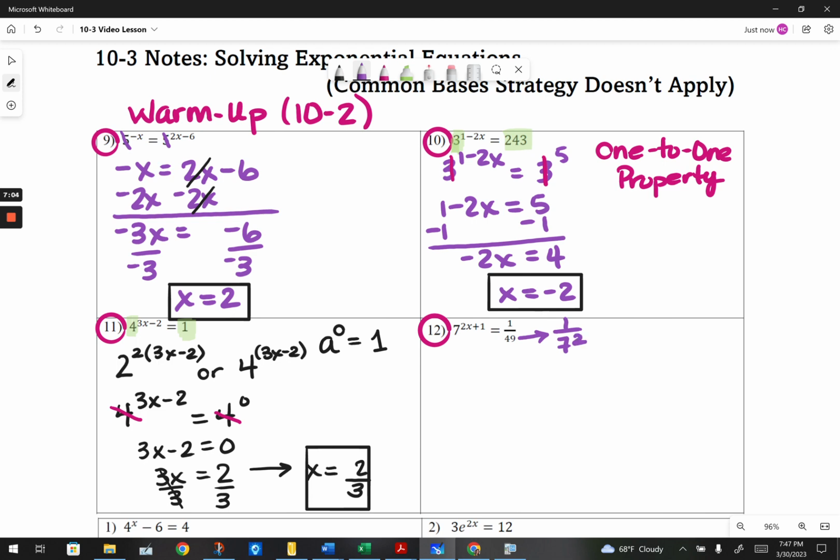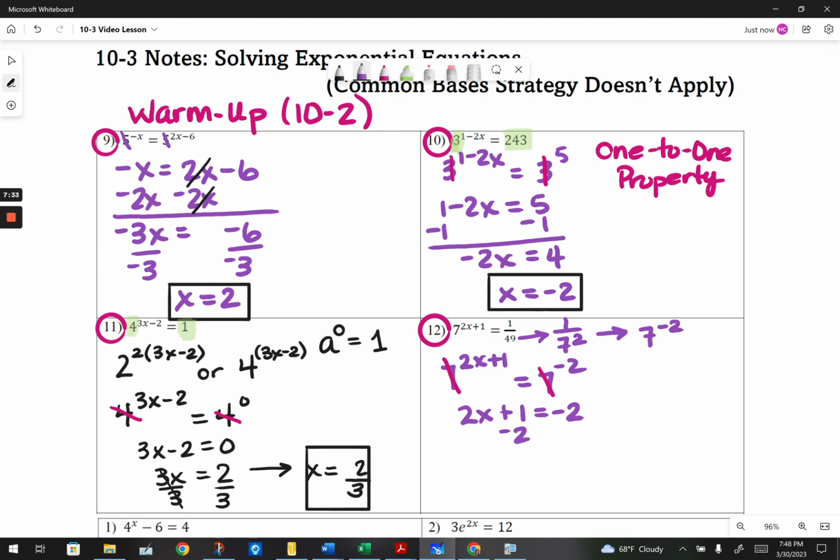And so I know by the rules that I can rewrite 1 over 7 squared as 7 to the negative 2 power. So now, when I set these values equal to each other, the 1-to-1 property will be applied, and I will be left with 2x plus 1 equals negative 2.